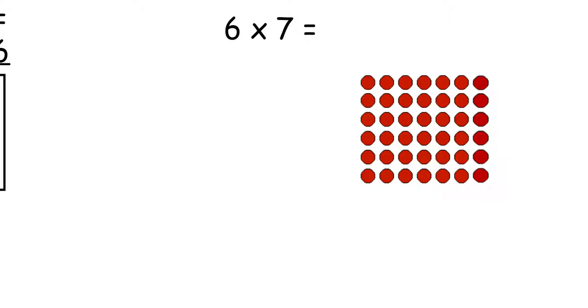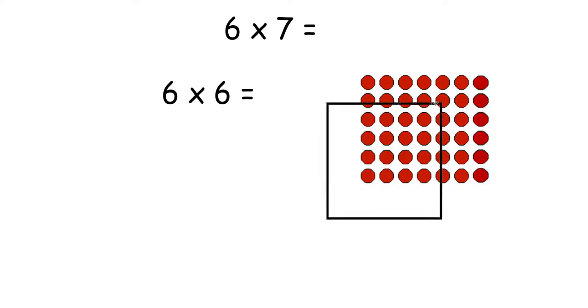Now, let's get into today's pieces of what we want to do. So again, like I said here, we want to think of 6 times 7. Let's use an array. So again, we have our 6 rows, and we have our 7 columns. Now, instead of thinking of this as 6 times 7, I want you to think of it as 6 times 6.